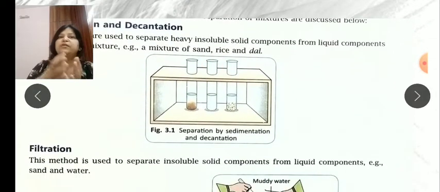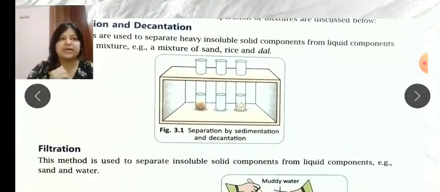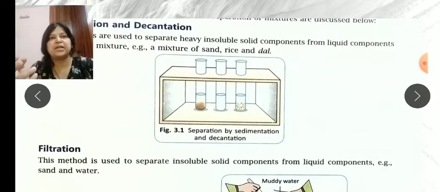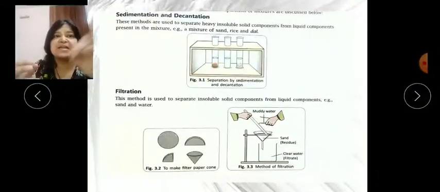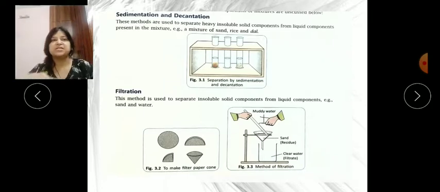Okay, so if we want to separate sand and water, then we all know that sand is an insoluble solid component, and the liquid is water. So if there is rice, if there is sand, if there is dal, all are insoluble substances, or you can say components, in the water, so easily they all will get settled down.